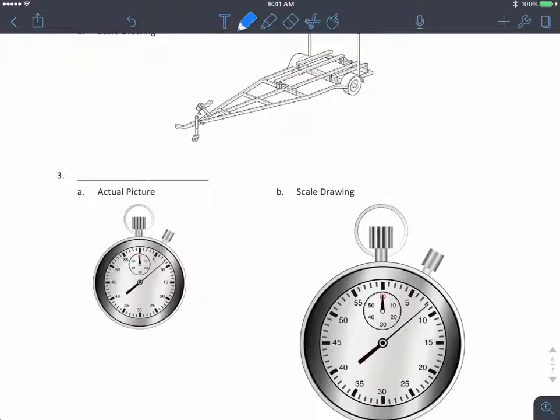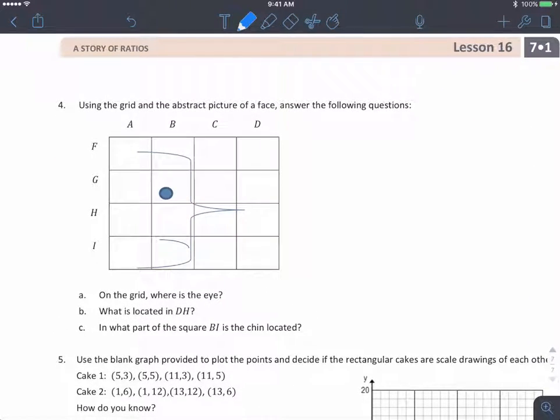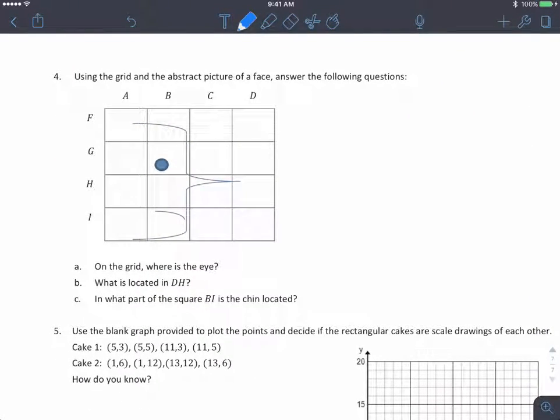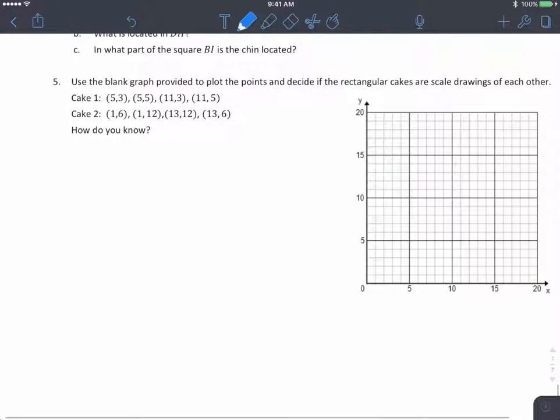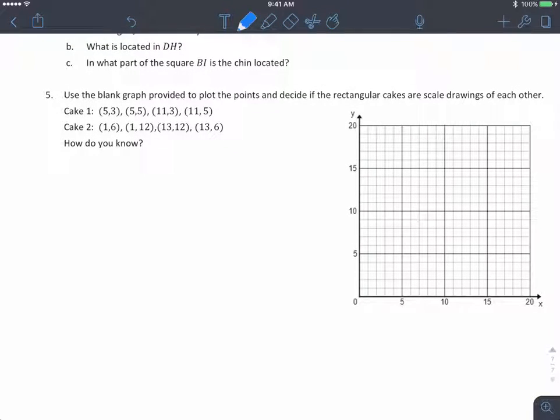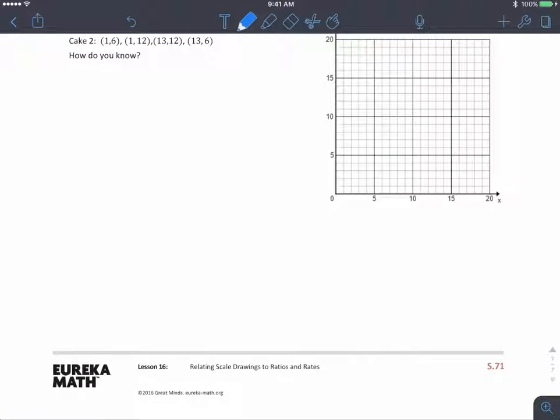This one, of course, is an enlargement, because it's larger. Alright, so I want you to try doing 4 and 5 on your own. And compare with a neighbor if you can. Alright, have fun.